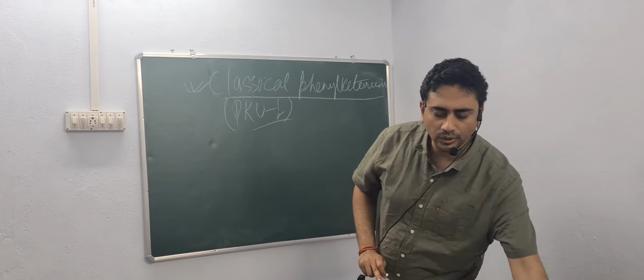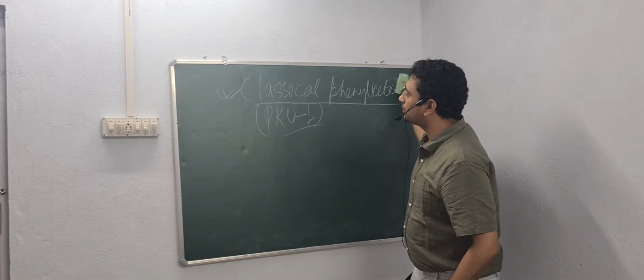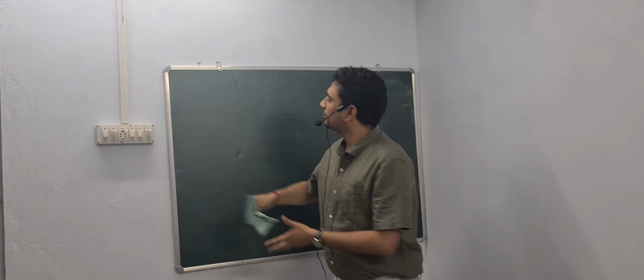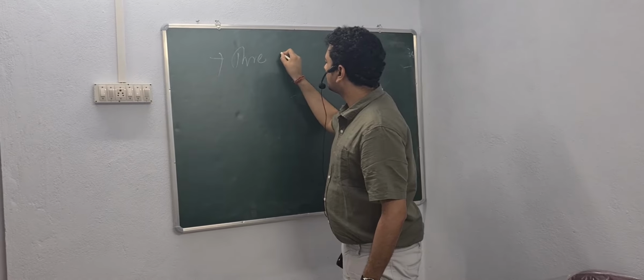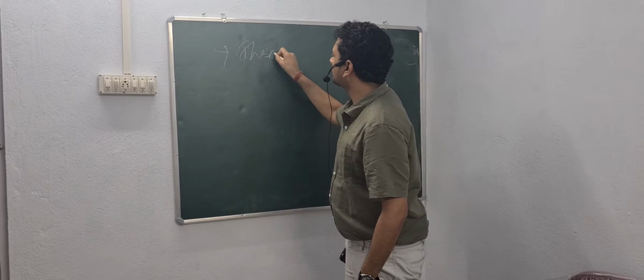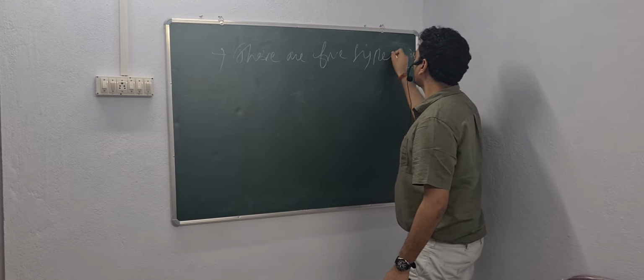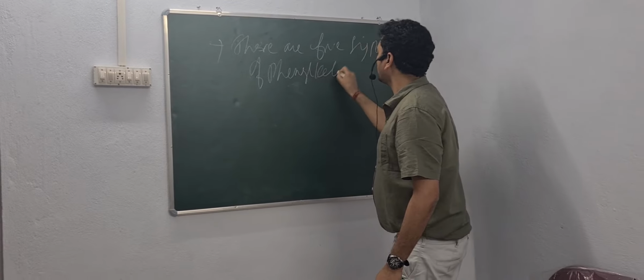So basically we look into the introduction part of classical phenylketonuria. You should remember this. There are 5 types of phenylketonuria. That is the first point.